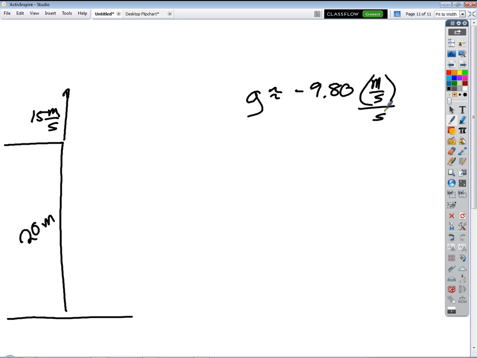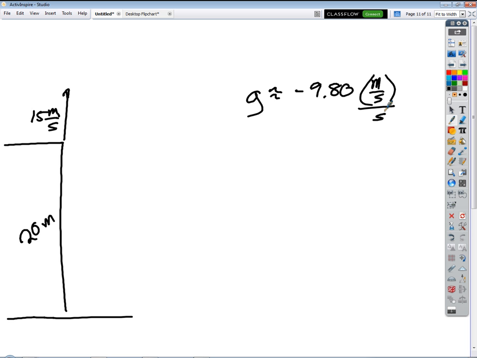That's what a meter per second squared is. So let me ask you again. After 1 second, how fast is this pin falling? 9.8, right? Because it's picking up 9.8 meters per second of downward velocity every second. After 2 seconds, how fast would it be going?